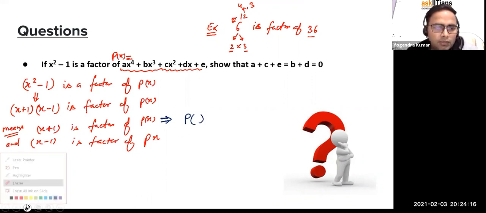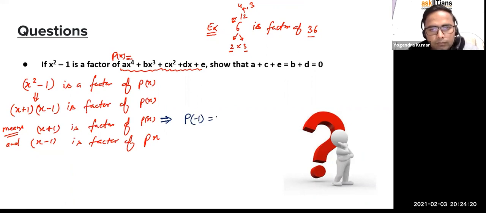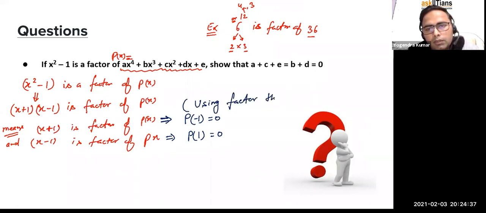P of minus 1 is going to be 0, and P of 1 is going to be 0 because they are the factors, right? Using factor theorem. Okay, this is using factor theorem, right?